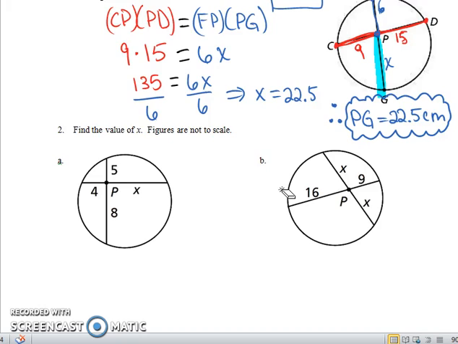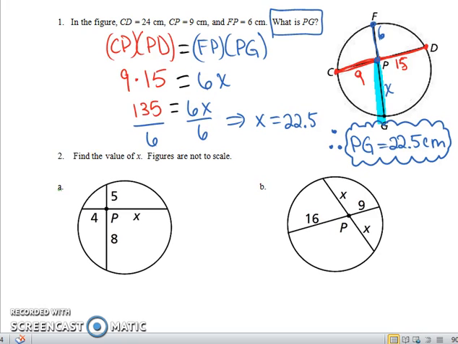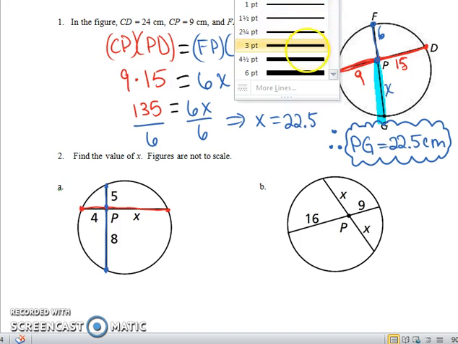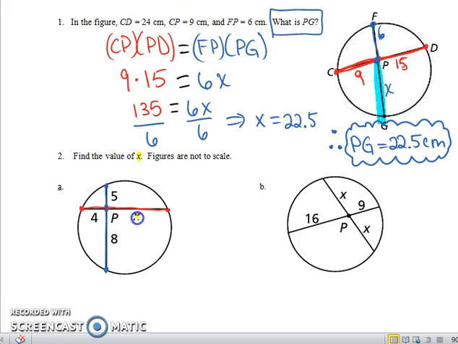Let's move on to number 2. So number 2, this should start to come a lot quicker. We have two segments, or two chords, that are intersecting within our circle. So we can use power of a point theorem to find the value of x.